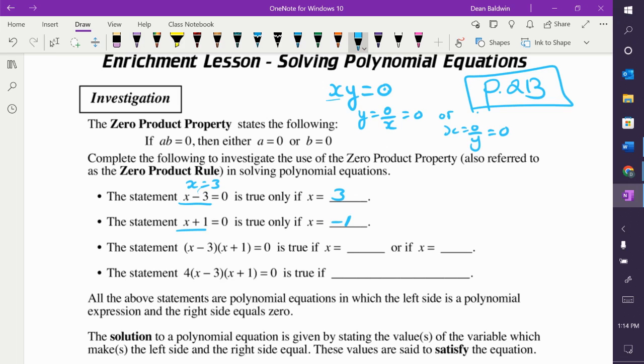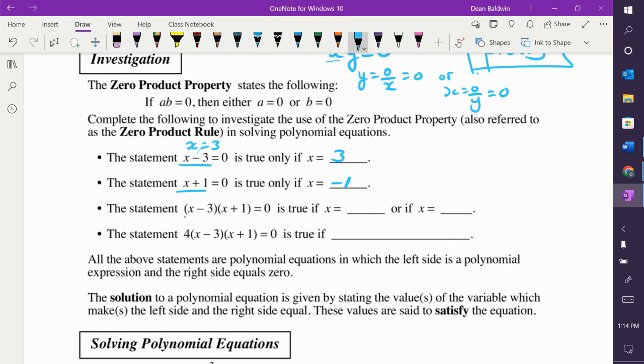Now, if I take those two brackets and I multiply them, I say x minus 3 times x plus 1 has to equal 0. Then what makes this bracket 0? 3. What makes this bracket 0? Negative 1. So x is either 3 or negative 1.